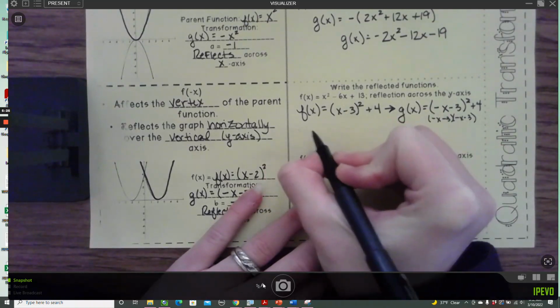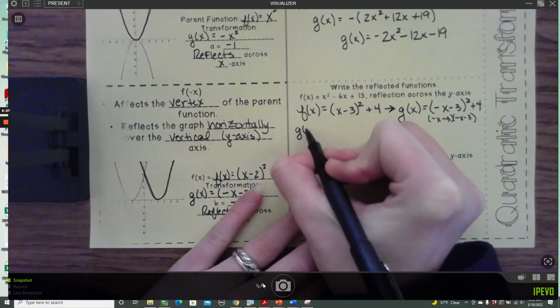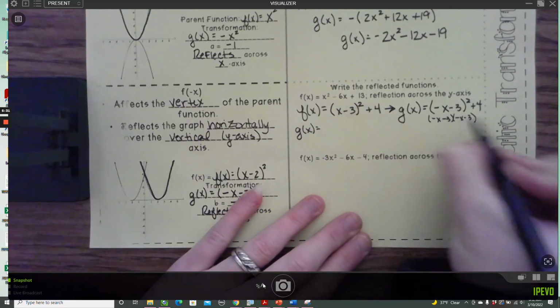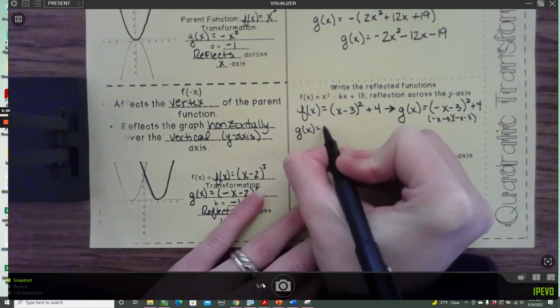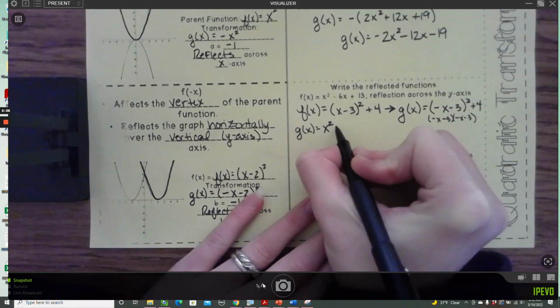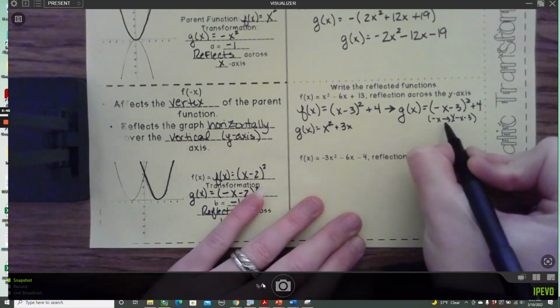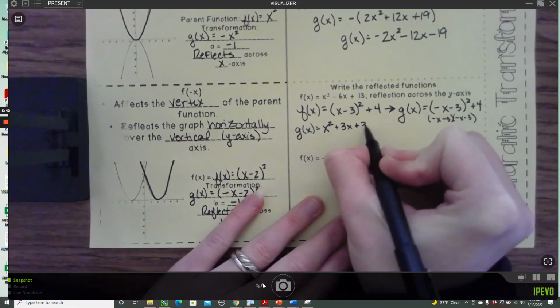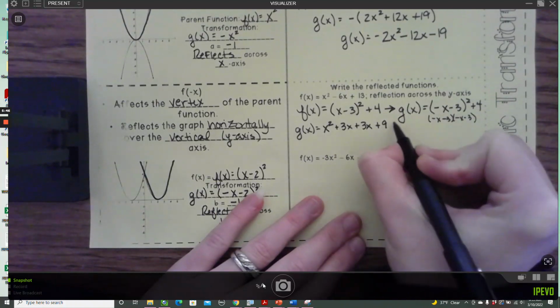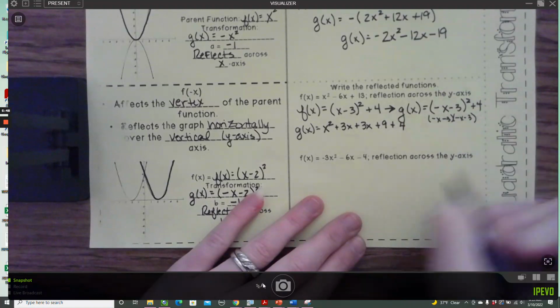So g of x is going to equal, all right, negative x times negative x is a positive x squared. Negative x times 3x is a positive 3x. Negative 3 times a negative x is a positive 3x. Negative 3 times negative 3 is a positive 9. And then we still have that plus 4 at the end.